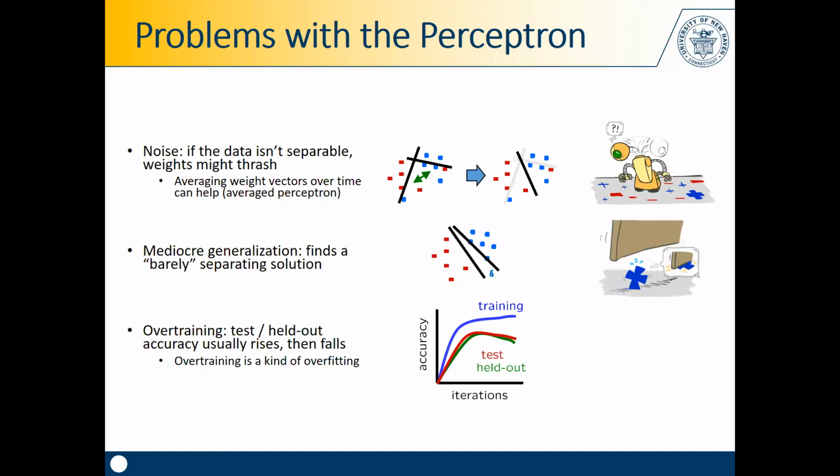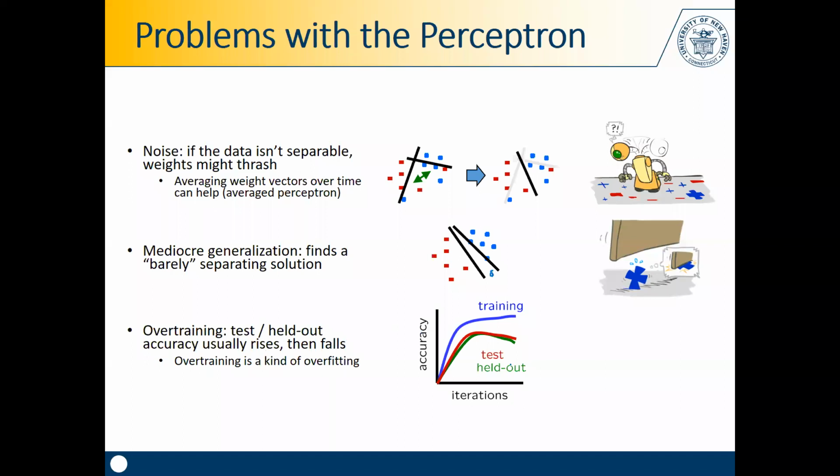We've already talked about this. We use the validation set to tune our hyperparameters, and we use the test set to measure the performance or accuracy of our model. Now, accuracy usually rises during training and then falls.